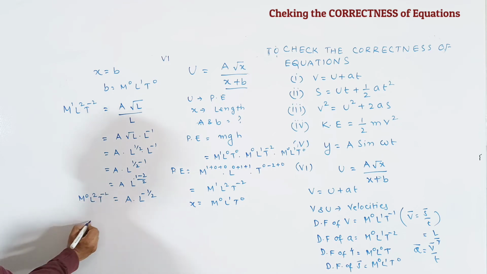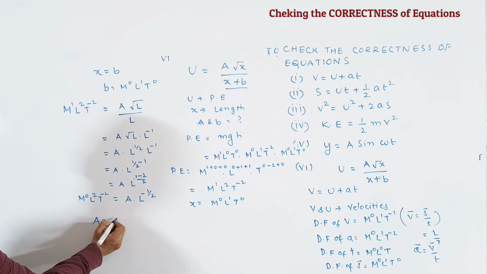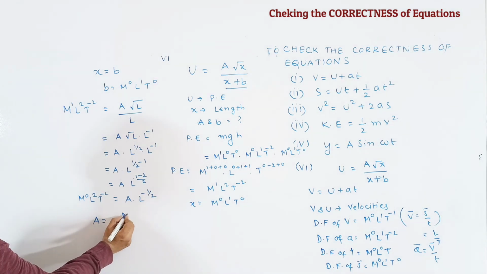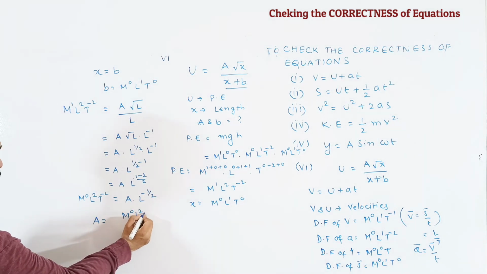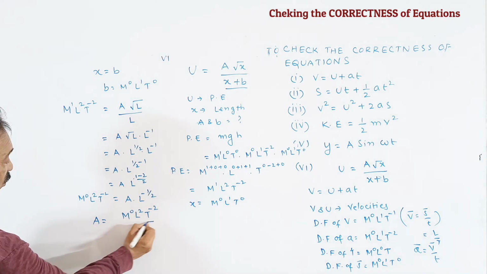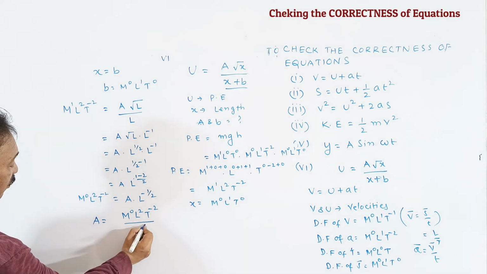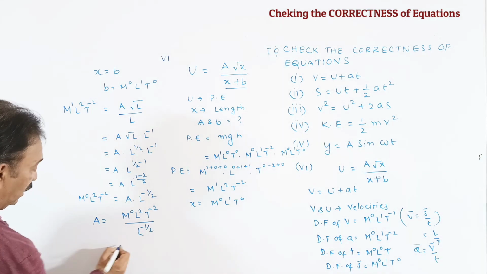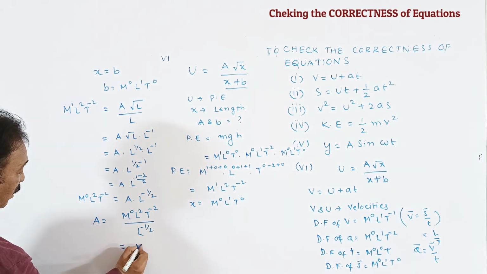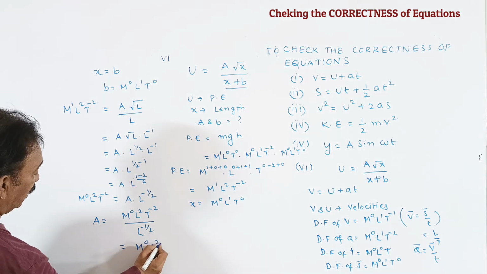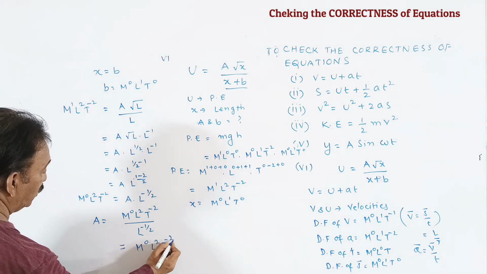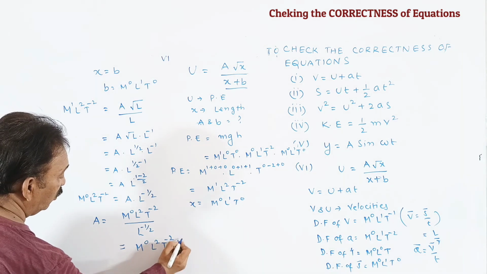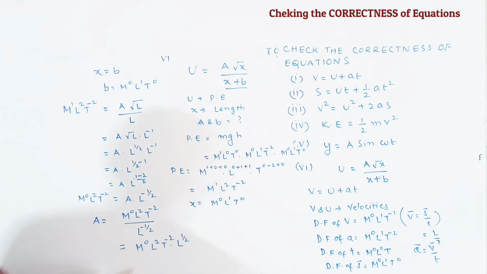Then we bring it here. A is equal to M0 L2 T inverse 2 by L to the power of minus half. It can be written as M0 L2 T inverse 2 into L to the power of plus half, since moving it up changes the sign to plus.